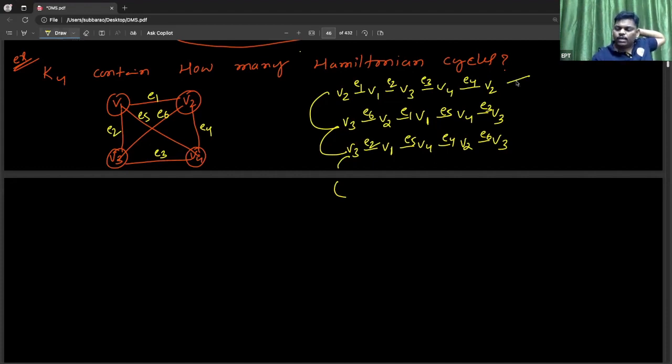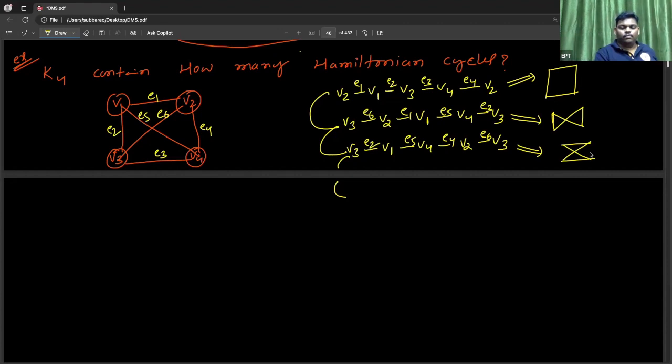So the first one is like this, covering all, right? The second one may be like this. The third one is like this. V3, V2.